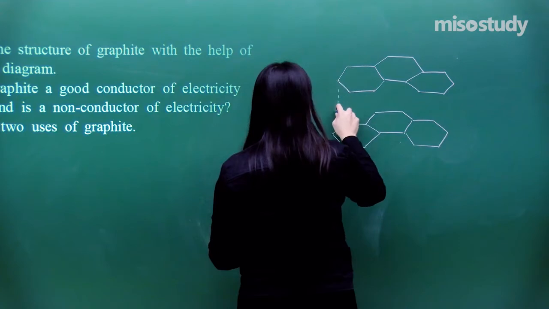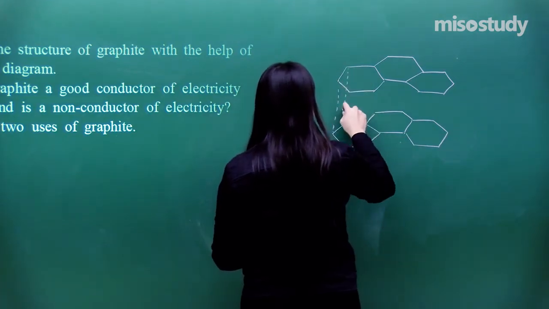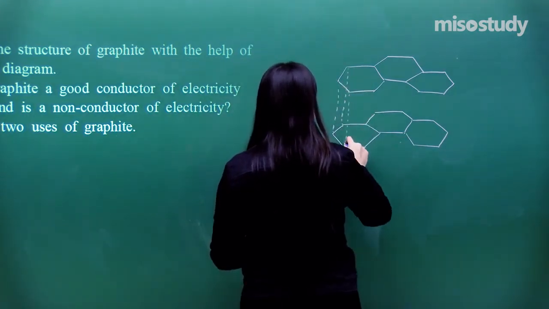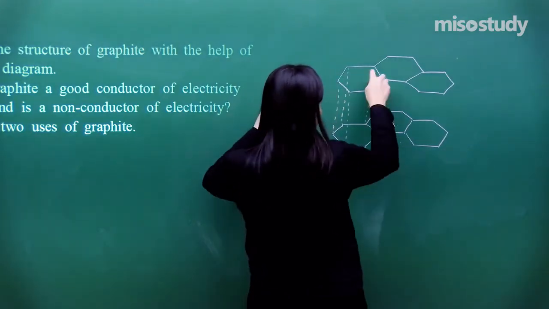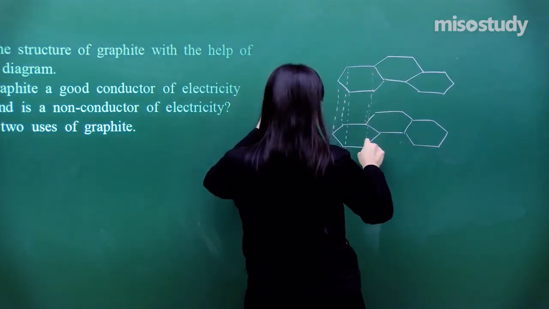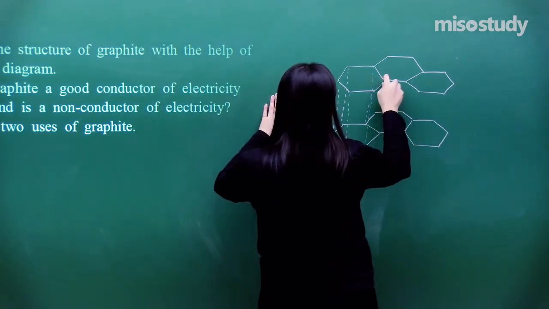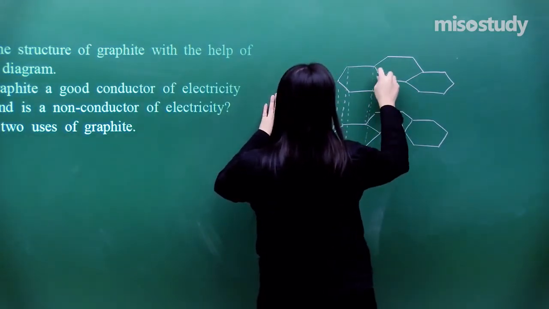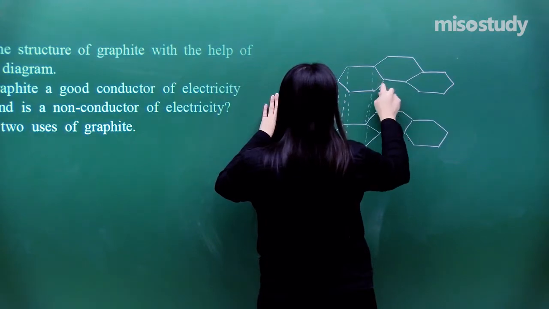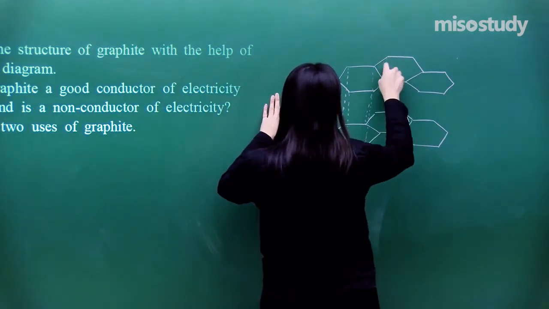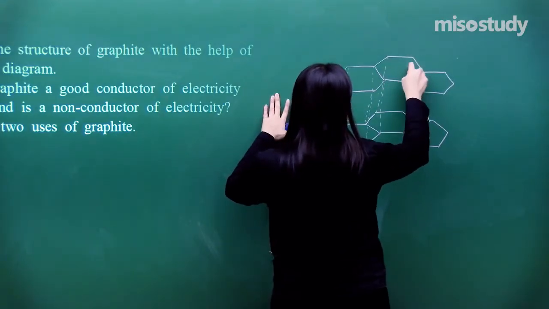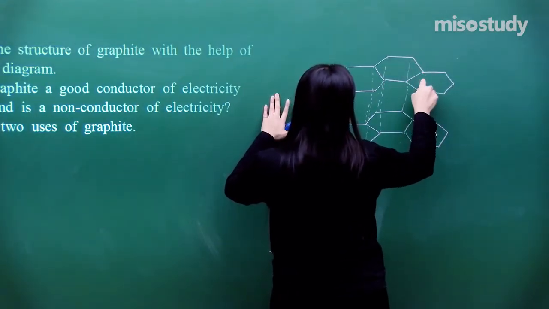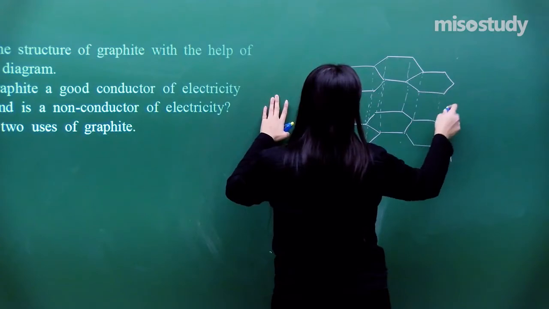And these layers are somewhat attached like this. Each and every corner will be stacked properly, so that is how you need to represent the bonding as well. This is the bonding. Although it's not a proper one, with the help of a scale you will be able to do that properly.